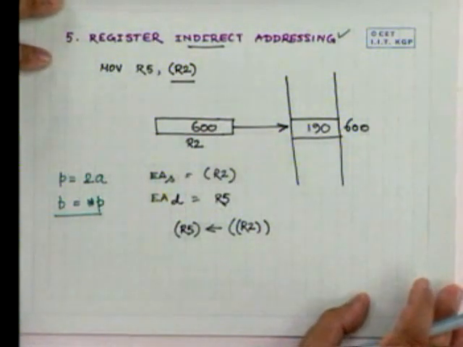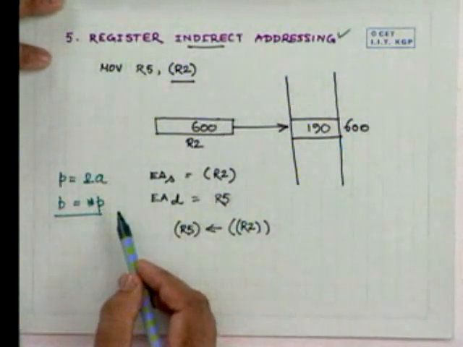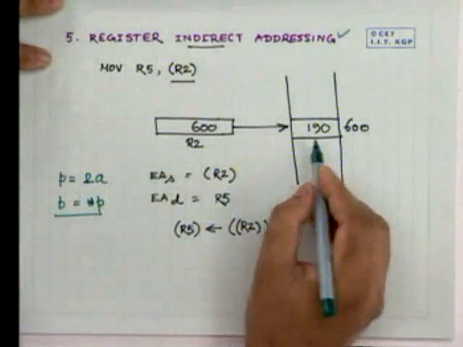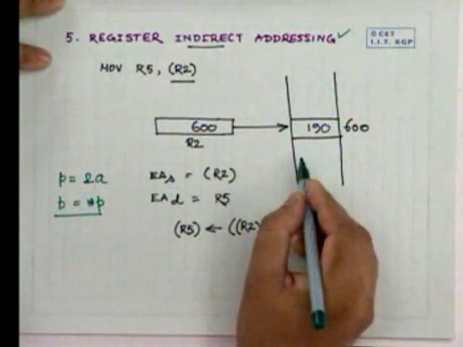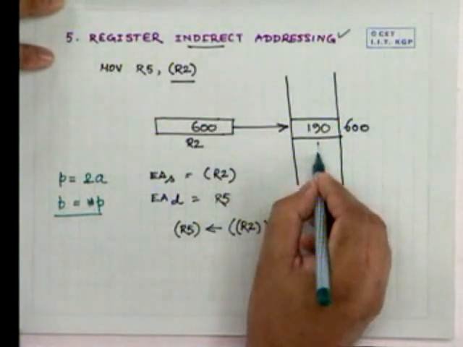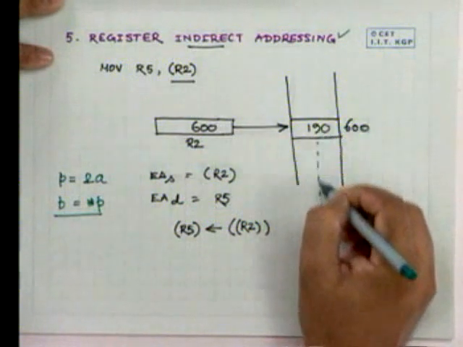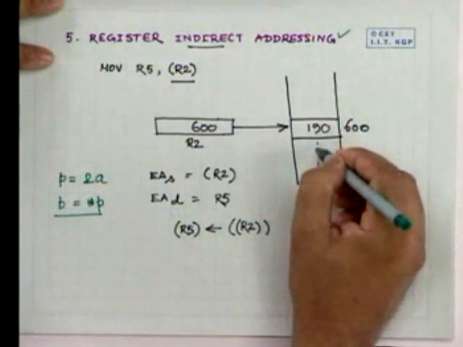Now, another advantage of this indirect addressing is this: say one wants to access the data sequentially starting from a certain location, or wants to scan the data at intervals.